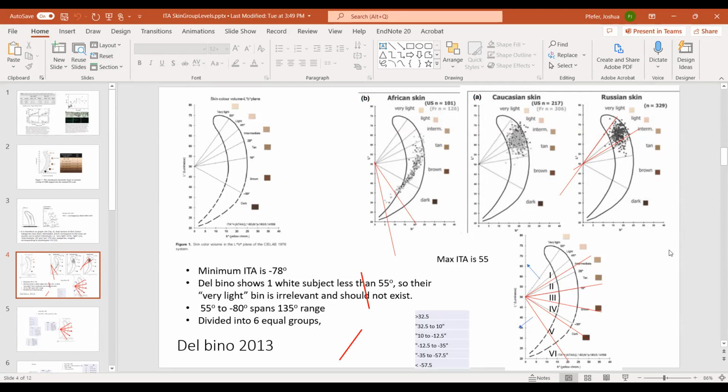Anyways, in looking at this, my thought process was, I'm much more in favor of considering this a surrogate for melanin content. I think melanin is really the important factor here. It's been shown over and over in the literature to significantly impact optical signals. There's all sorts of data on this.